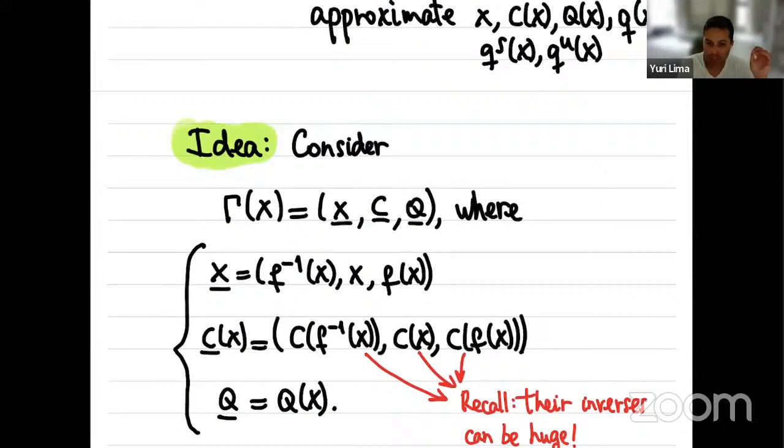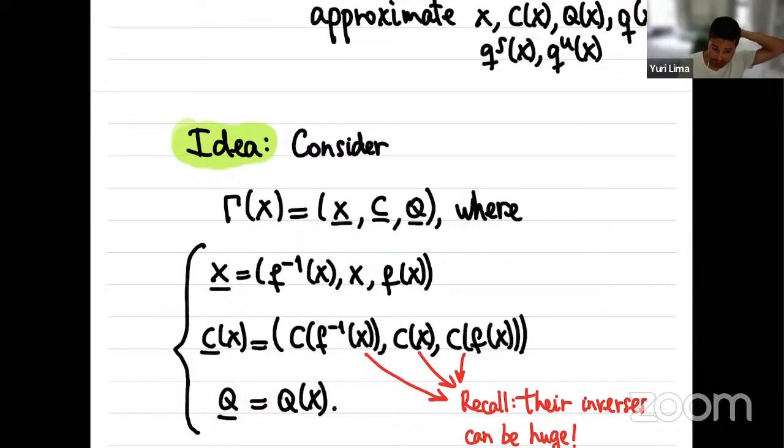To every point x, we consider this tuple gamma of x, which is underline x, underline c, and underline q. Underline x is just the position of x, its preimage, and its image. Underline c is just the 3 matrices C, also at these positions, at x, at f-1 of x, and at f of x. And underline q is just the value of q at x.